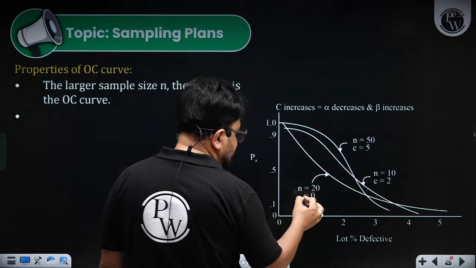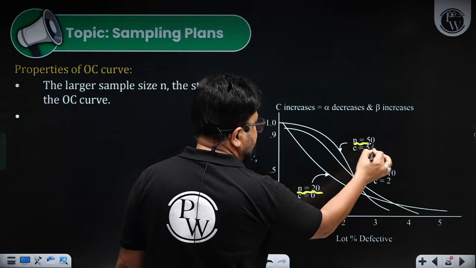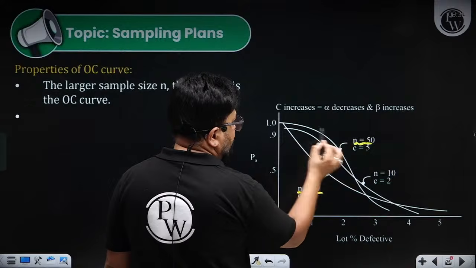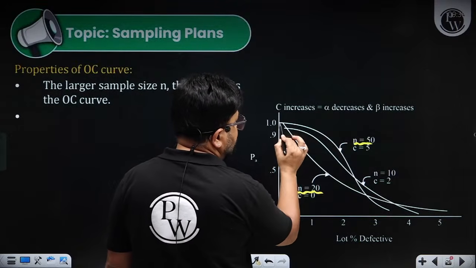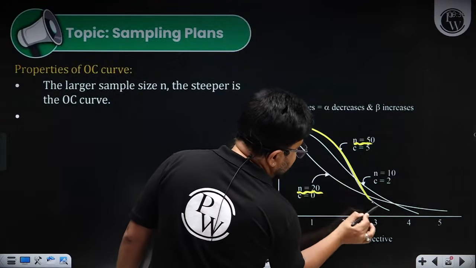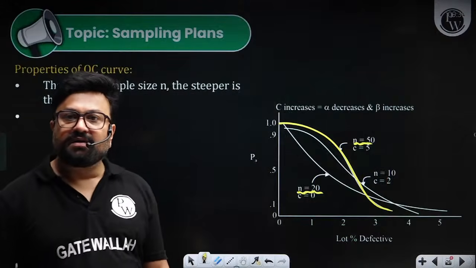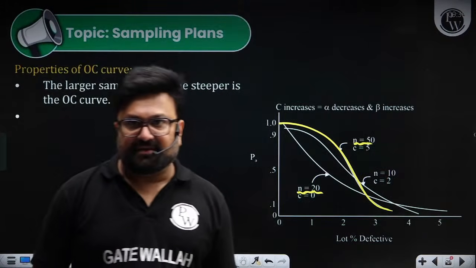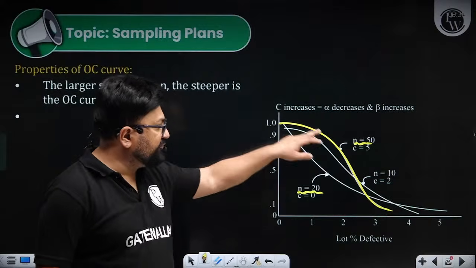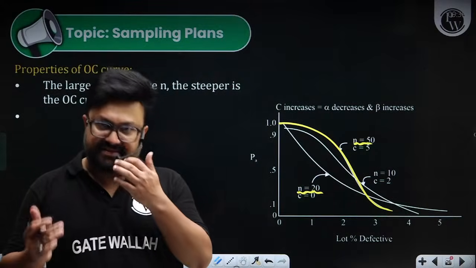You can see here the sample size is 20. Here the sample size is 50. So the OC curve which has a larger sample size becomes more steep.